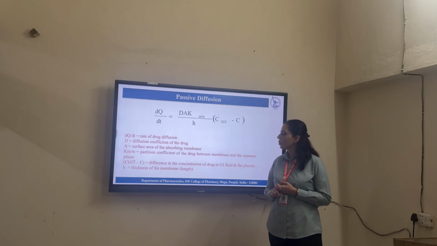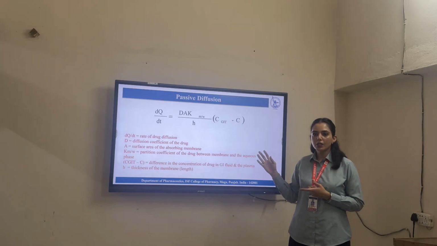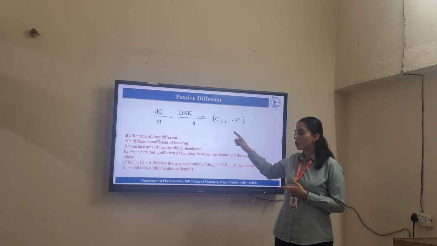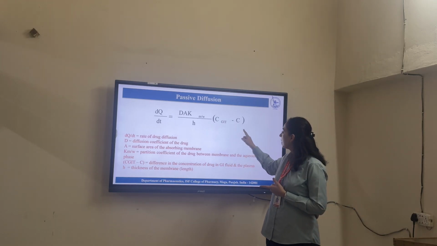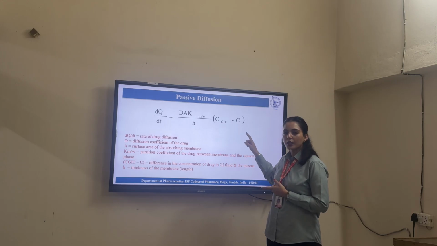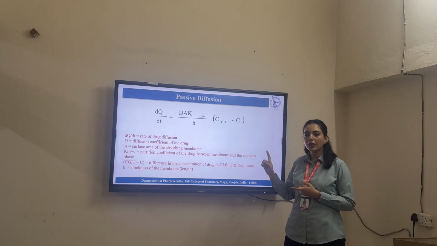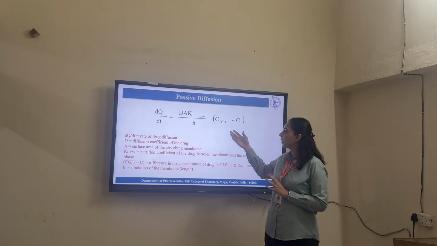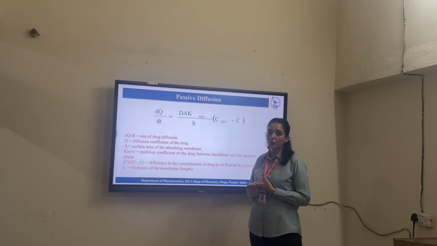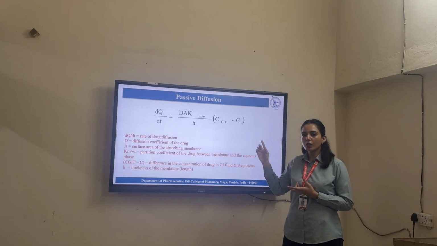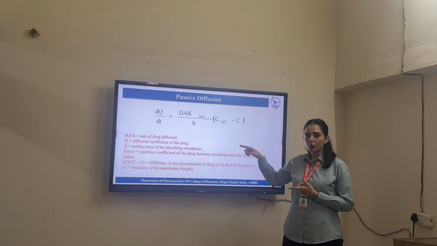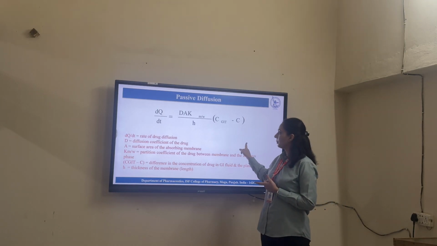So Fick's first law is dQ/dt = DAK/h (C_GIT - C_plasma), the concentration of drug in the GIT minus the concentration of drug in the systemic circulation. H means the thickness of the membrane, which is inversely proportional to the rate of absorption. If the thickness is high, then the rate of absorption is low, and the concentration gradient is directly proportional to the rate of absorption.